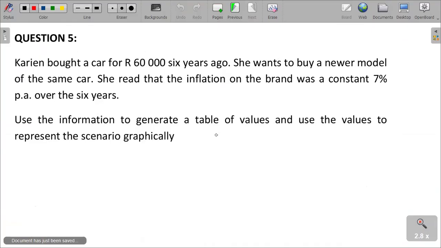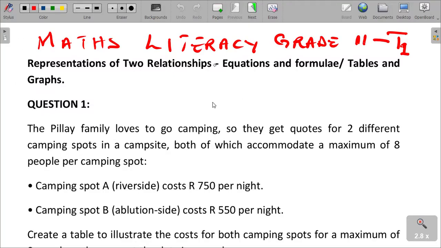As you can see, these are graphical questions, but you need to understand some specific formulas, so that you can work out the different questions that arise. So without wasting any time, let's go to question number one.